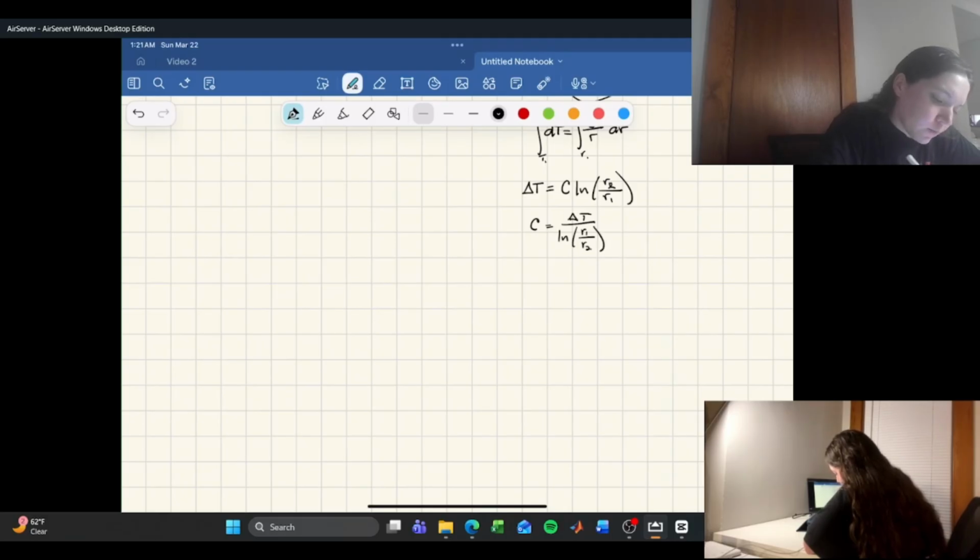And we plug that back in to this equation. Change in temperature is equal to change in temperature over the natural log of R1 over R2 times the natural log of R2 over R1.